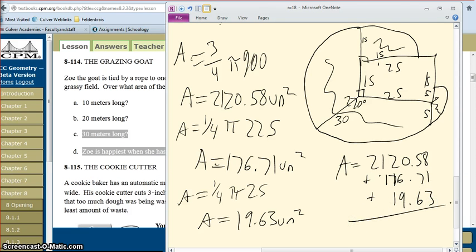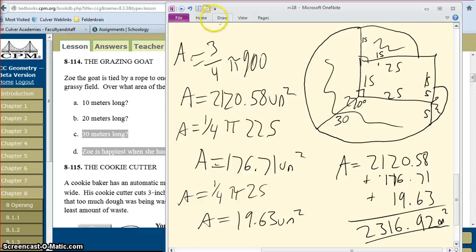That's going to equal, ladies and gentlemen, 2,316.92 units squared. That's how I do C. So you can combine them, but first chop them up, and then you combine them at the end.